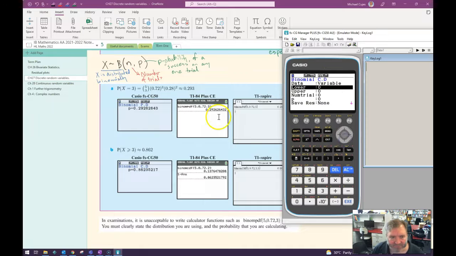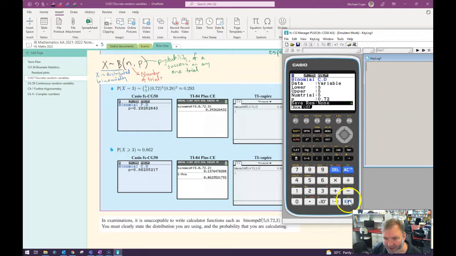My lower limit, there's 2 ways you could do this. Here they want x to be greater than or equal to 3, so the smallest value is 3. The upper limit is 5 because that's how many trials we're doing, how many people we have. The number in our sample was 5. The probability of a success in any individual one was 0.72.